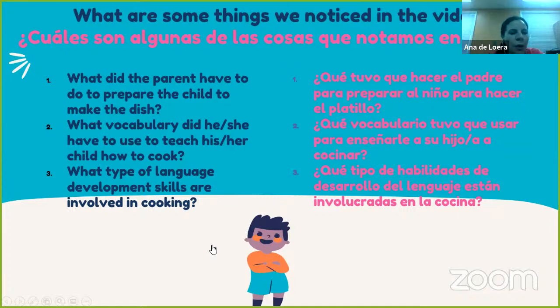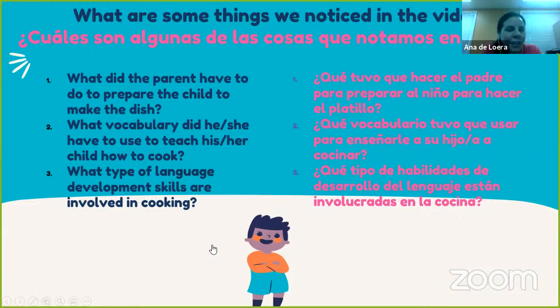And also, what vocabulary did he or she have to use to teach the child how to cook? What do you think those vocabulary words were? And what type of language development skills are involved in cooking?